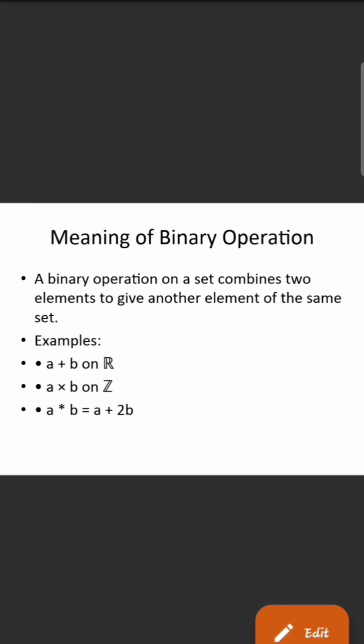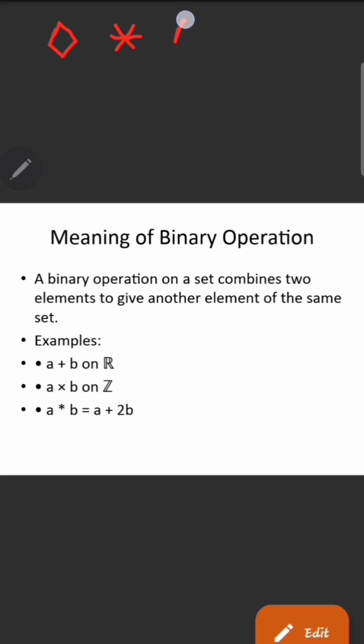So when they say binary operation, let's go by the word operation. The operation in binary operation means some figures. So I will show you some of the figures that you may see as operation. If you see something like this, they can use it as an operation.